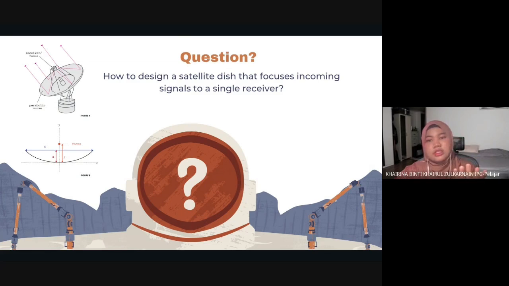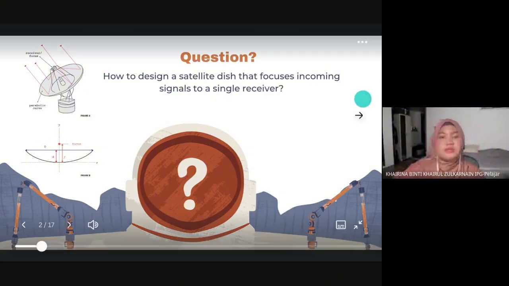If the dish is not shaped perfectly, signals may be misdirected, leading to weaker reception or total loss, which means it doesn't get the signal. So we need a shape that ensures every incoming ray reflects towards the same point, which is the focus.